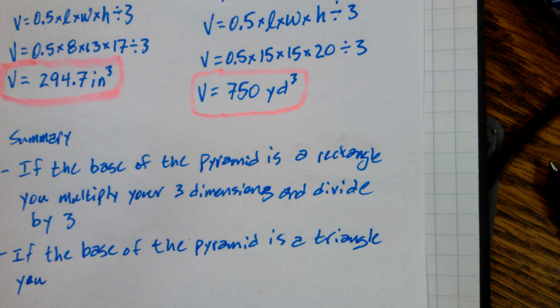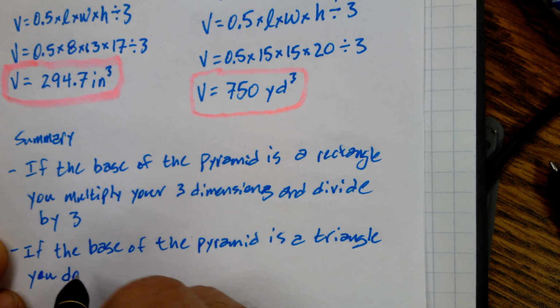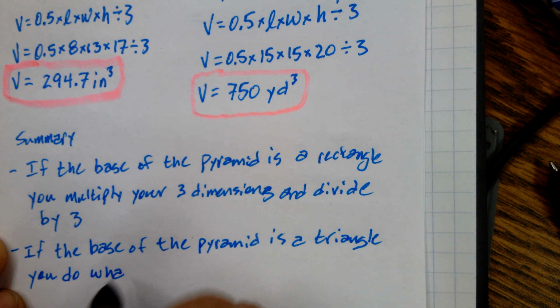So we could say maybe do what you did. How do I want to say this? Do what you did for the rectangular pyramid, or do what you did before and multiply by 0.5. This is kind of my thinking.